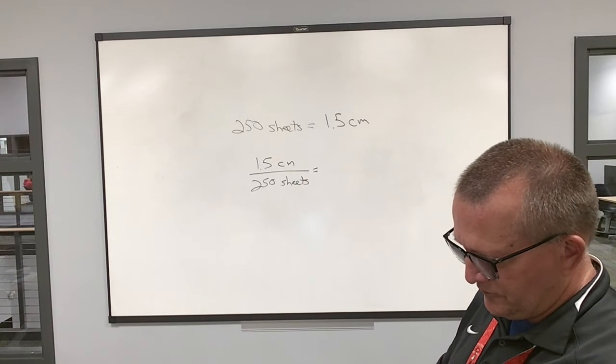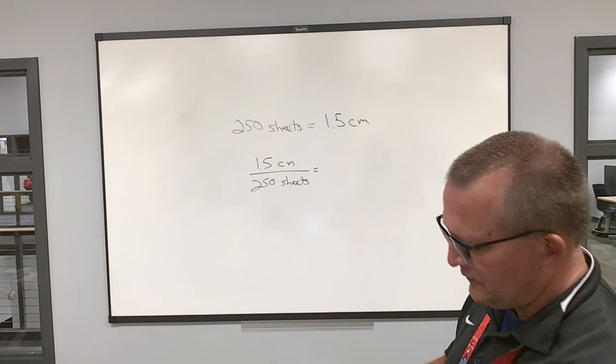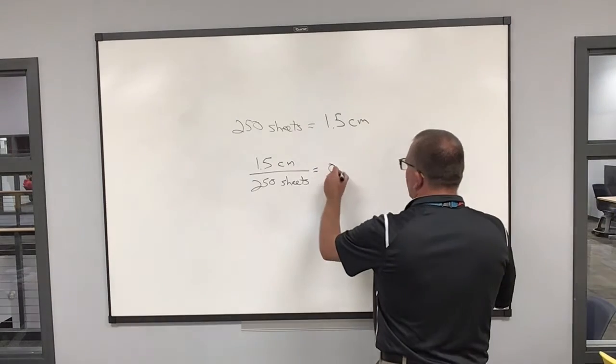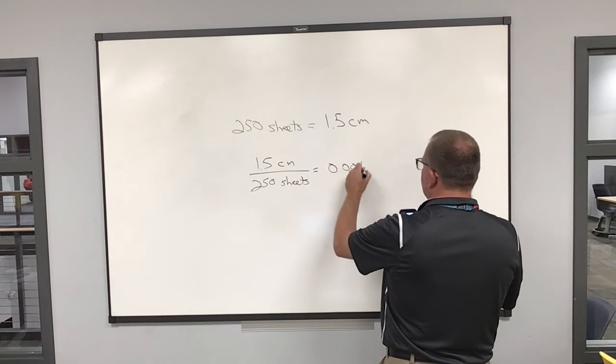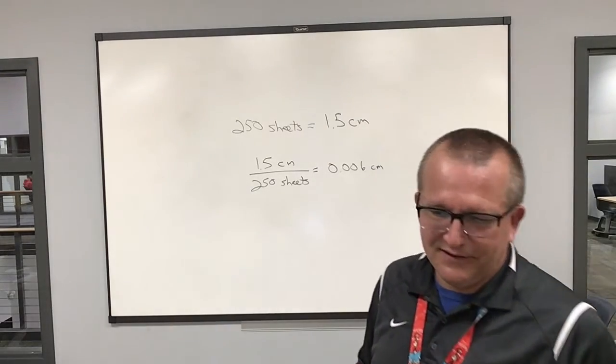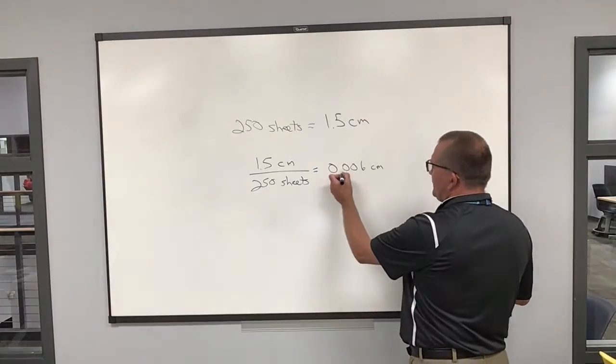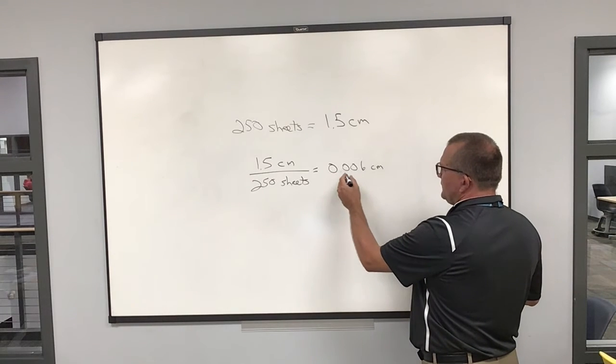So we'll go 1.5 divided by 250, and I get 0.006 centimeters. It's not perfect, right? I mean, we could break it down a little bit more. We could use unit conversion.